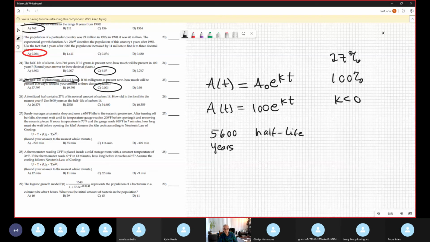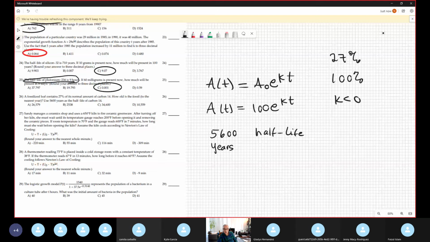There are some isotopes that disintegrate too slowly, and there are other isotopes that disintegrate too fast. For example, silicon-32 is slow, 710 years. Plutonium, no. Plutonium is too fast. It's 9 hours. And carbon-14 is more slow. It's 5600 years.